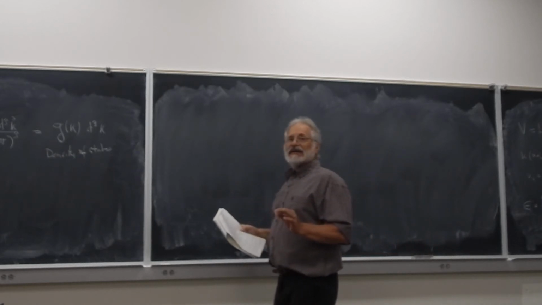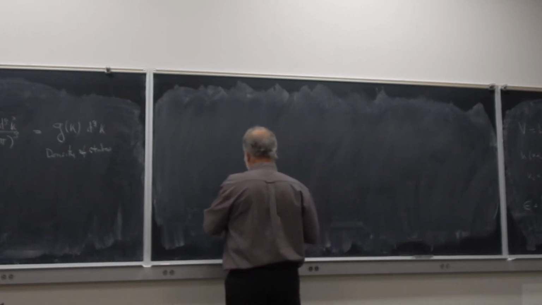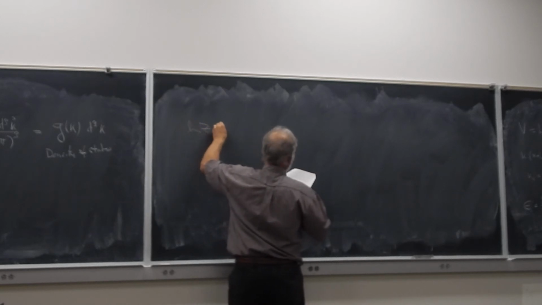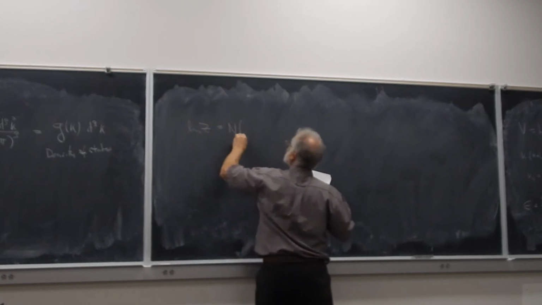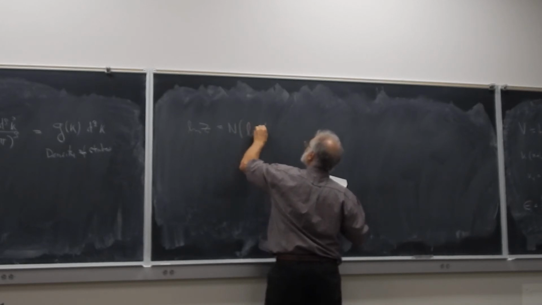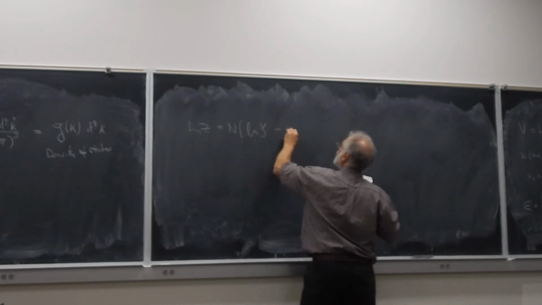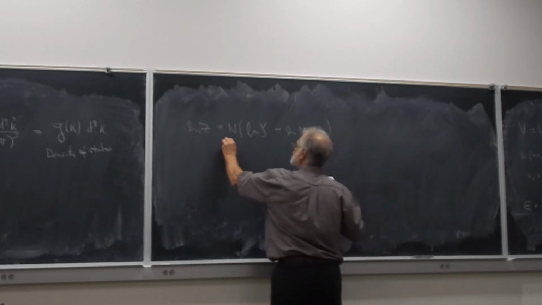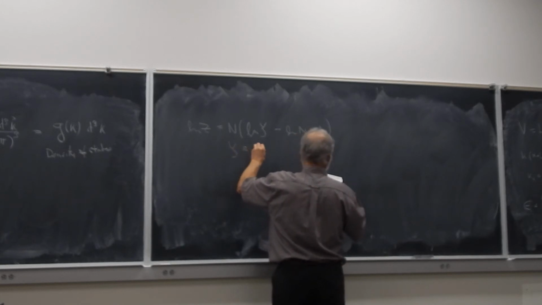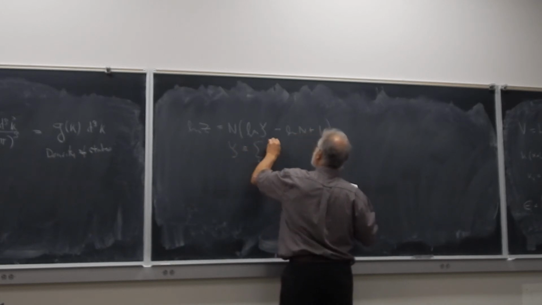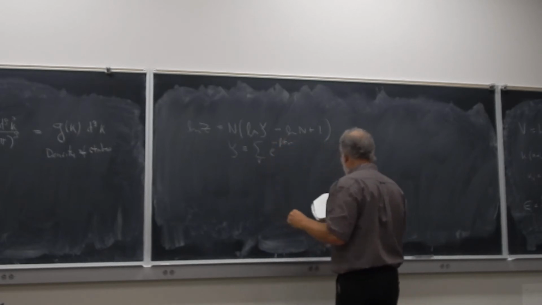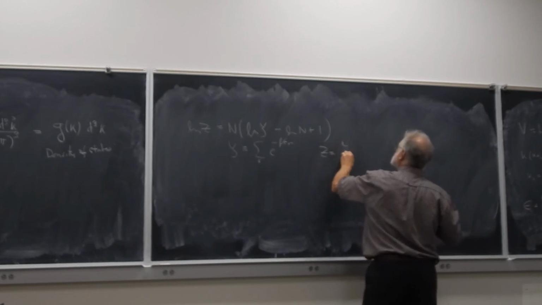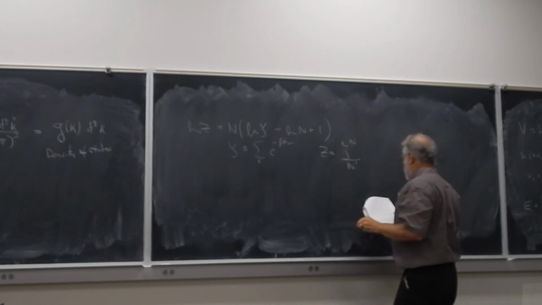Let's evaluate the partition function in the classical limit. I can write this as N log of my single particle partition function, ζ, minus log N plus 1. My single particle partition function is defined as the sum over r of e to the minus βE_r, which is to say, of course, that Z is equal to ζ to the N over N factorial.